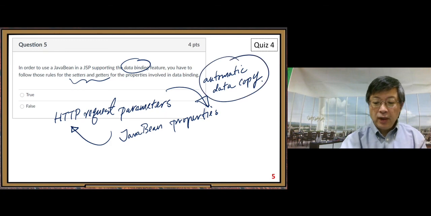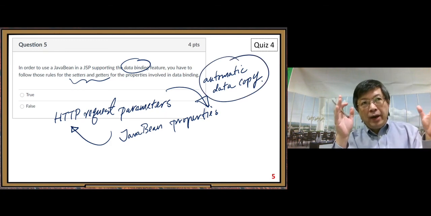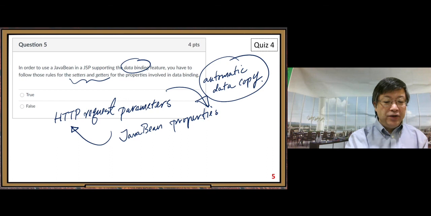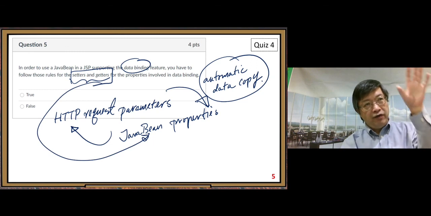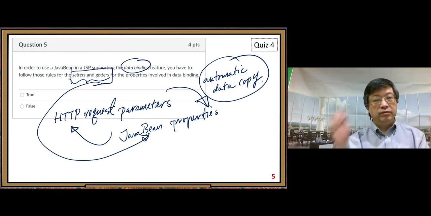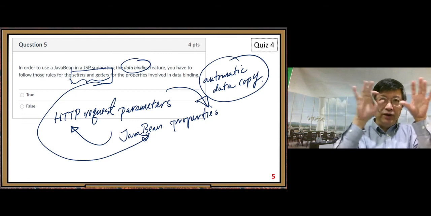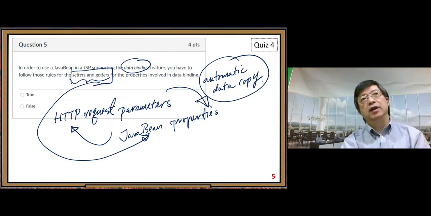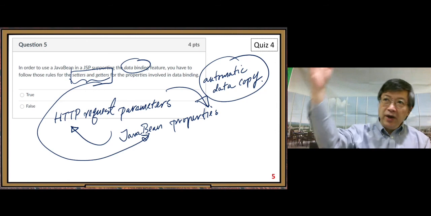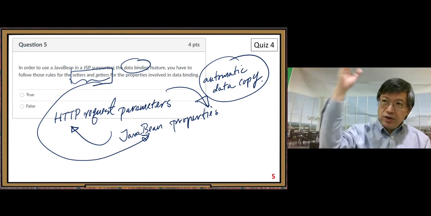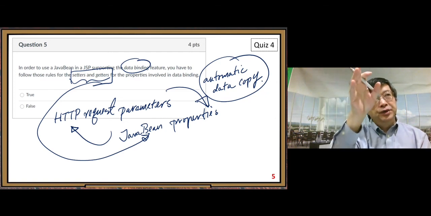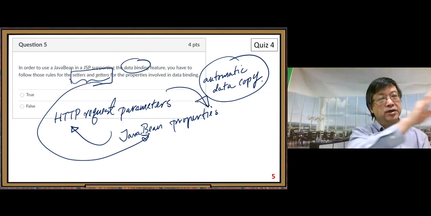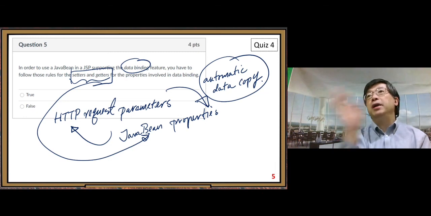How to make the data copy automatic? You need to provide setters and getters for those properties first, and follow the specific rules related to setters and getters. Then the server, the container, knows how to use setters and getters to do the data copy automatically.